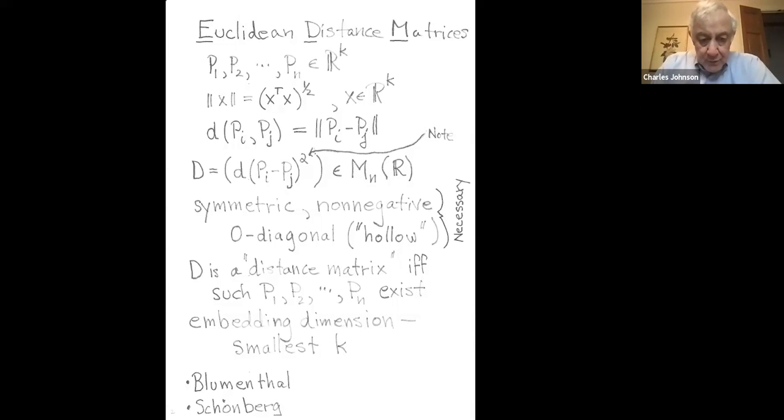Two really good references, which I'll give at the end: the book by Blumenthal, which is now rather old and frankly needs to be replaced. So if somebody's thinking about it, I think it would be a good idea to write a new book on distance matrices. And of course, the papers by Schoenberg provide a lot of the foundation about distance matrices.